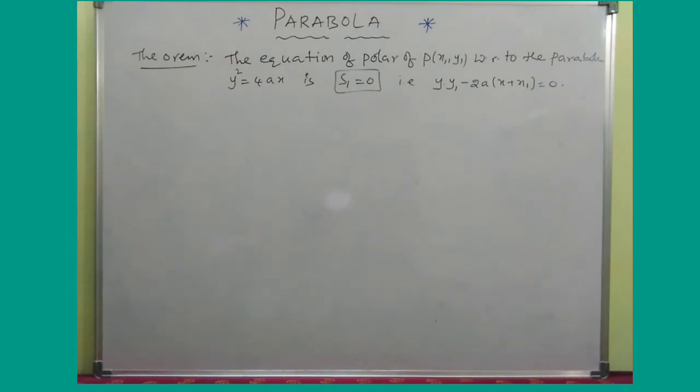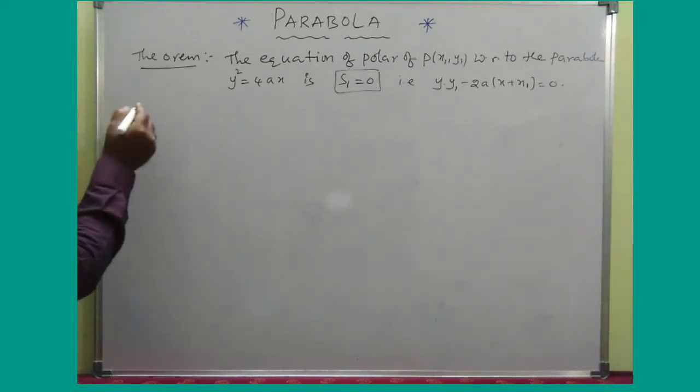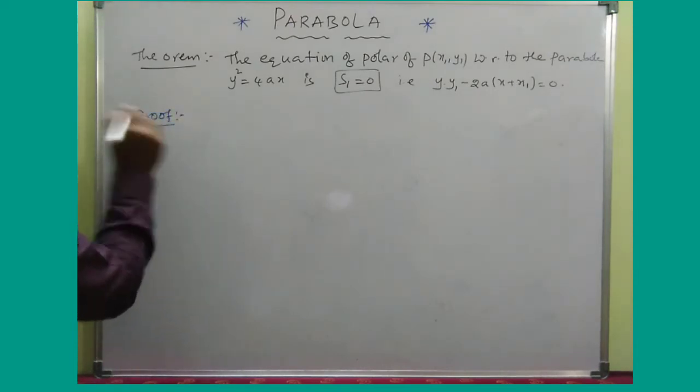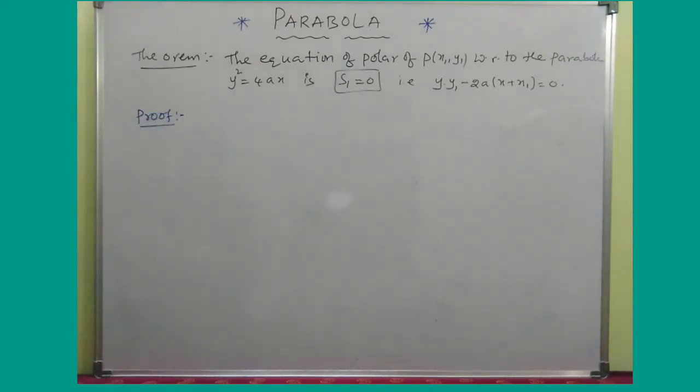Now the proof of this concept can be given in two ways. One is by using the concept of geometry, and the second one is using the concept of differentiation. So let us try the second method, that is using differentiation.